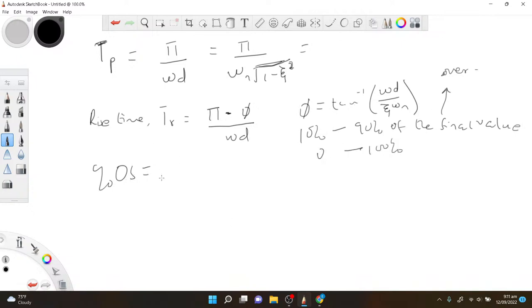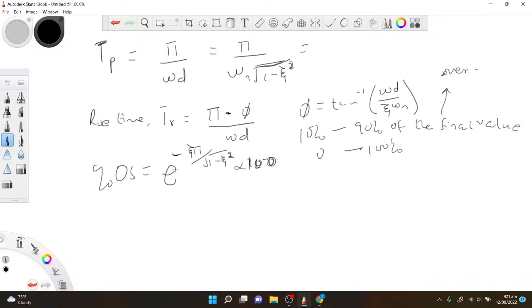Percentage overshoot is given as e to the negative zeta pi over square root of 1 minus zeta squared, times 100. So that's percentage overshoot, which is also defined as the amount by which the output response exceeds the steady state value.